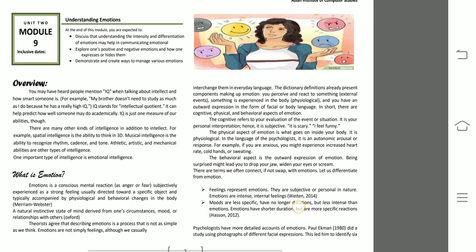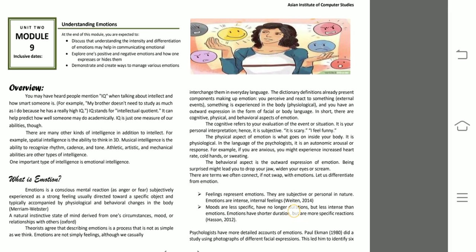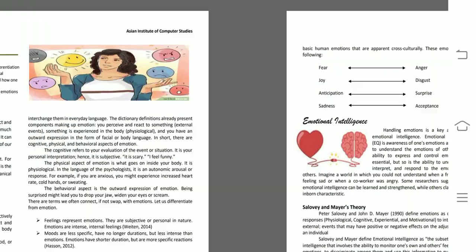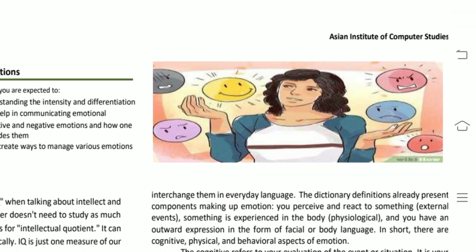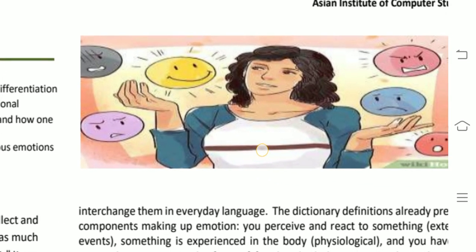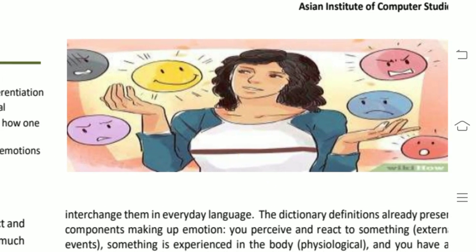Okay? So, look at the illustration here. From the illustration, as you can see, yung babae na nasa picture. Okay? She was surrounded by different emotions in her life. She was surrounded by anger, by fear, 'di ba? By disgust, 'di ba?